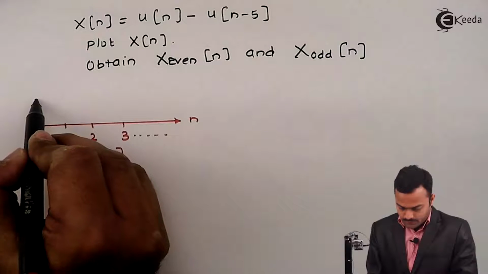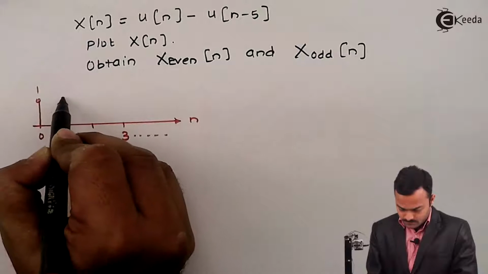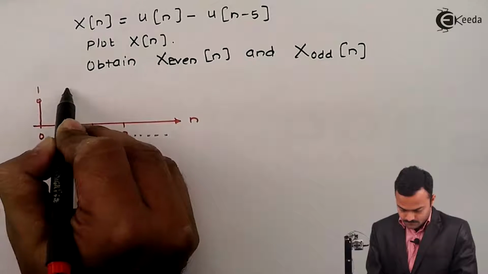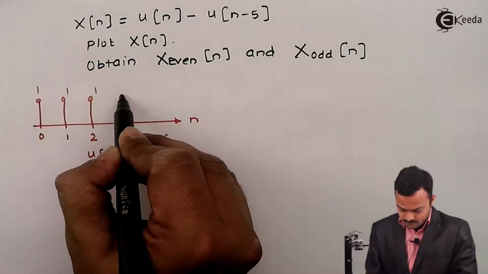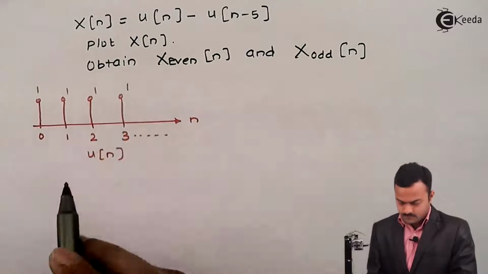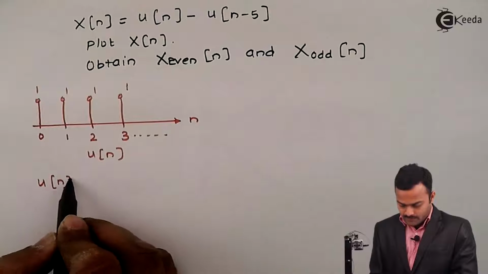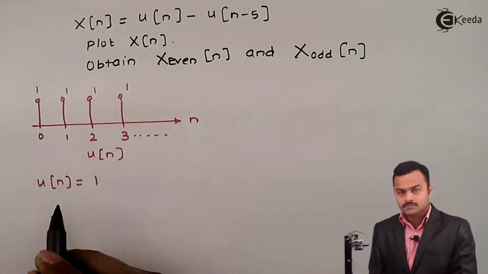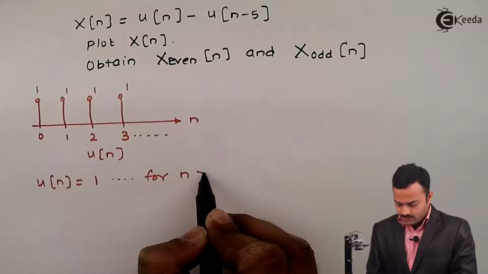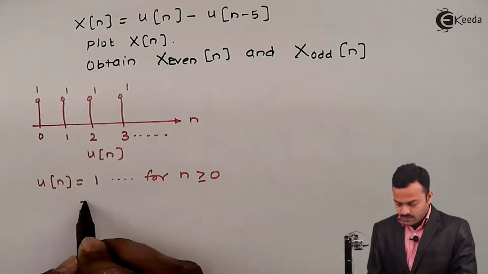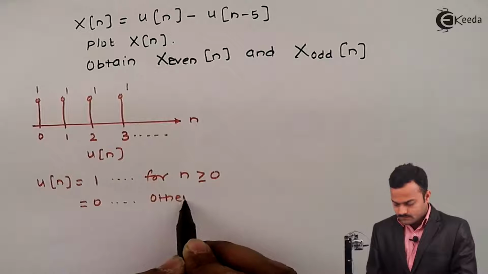So the plot of u of n will be like this. So I can say u of n will have the value 1 for n greater than or equal to 0, and it is 0 otherwise.